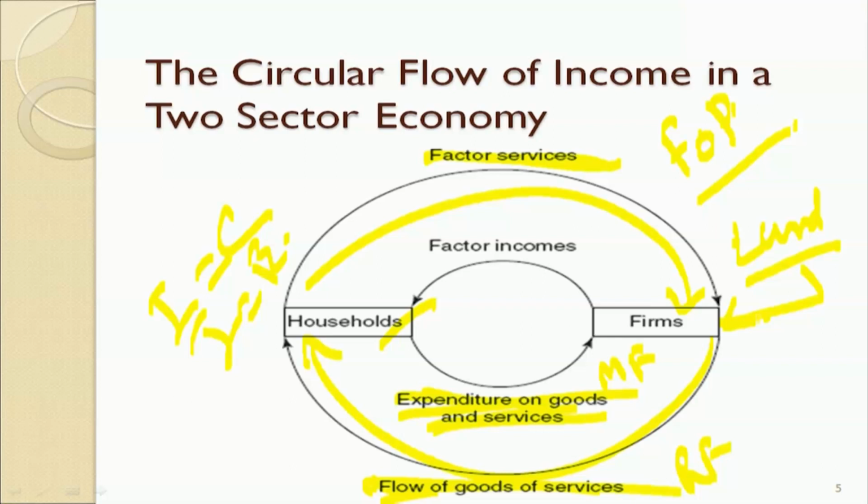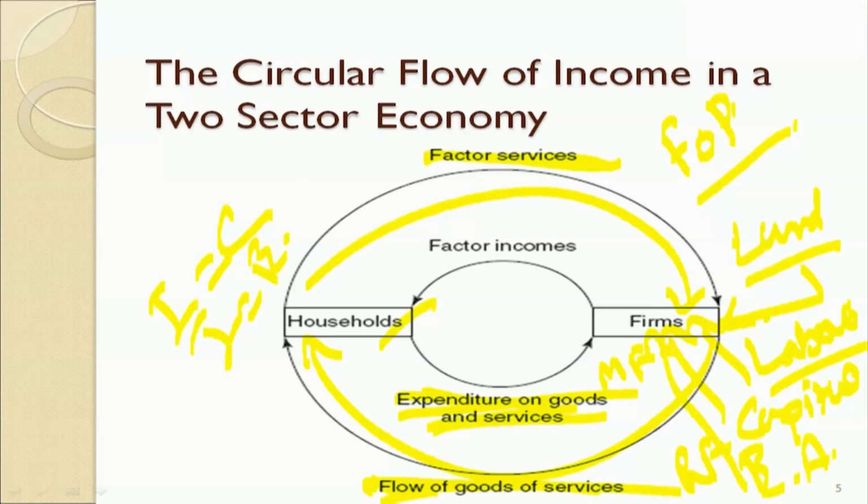Next, you take labor, where the household is working as an employee in the organization, and capital provided by the household to the firm, and entrepreneurial ability, the entrepreneurial support given by the households to the firm.